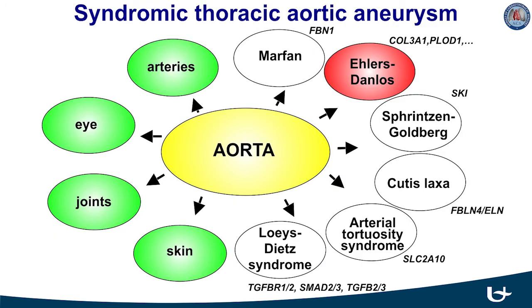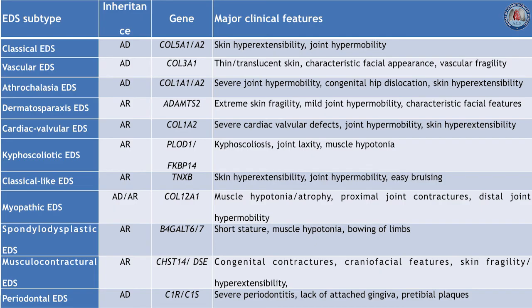The final group of diseases that we will discuss is the heterogeneous group of Ehlers-Danlos syndrome. According to the most recent nosology, 13 common subtypes of Ehlers-Danlos syndrome have been described.